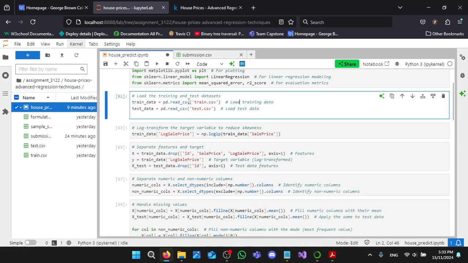So first of all, I have to load the data, read the train CSV and the test CSV. We load the training data because it is going to contain features like house and price.